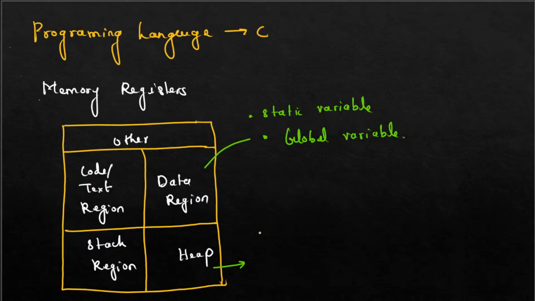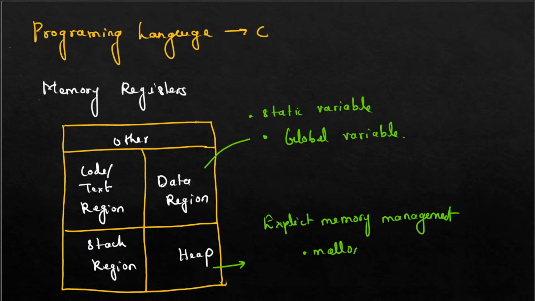This is for explicit memory management, which is malloc, calloc type functions. Stack region, this is for local variables, stack frames, and parameters.